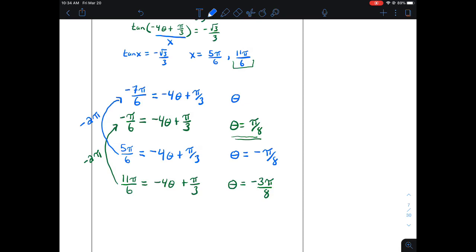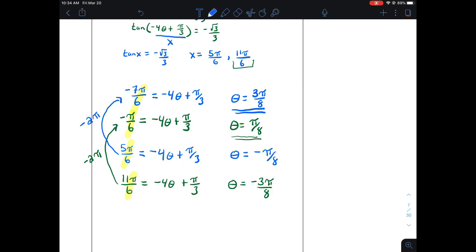So negative 7 pi over 6 minus pi over 3 divided by negative 4, we get 3 pi over 8. Hey, I got another solution that works there. Now, I could continue this process of getting coterminal angles for all of the values that lie on my unit circle, and resolving. And eventually, I would get all the values of theta that would work.